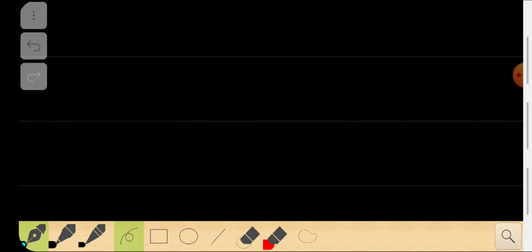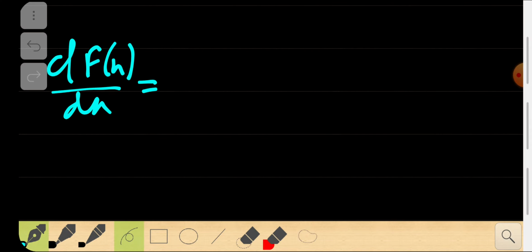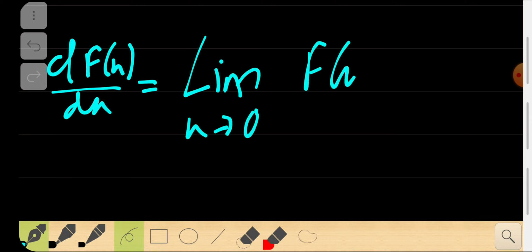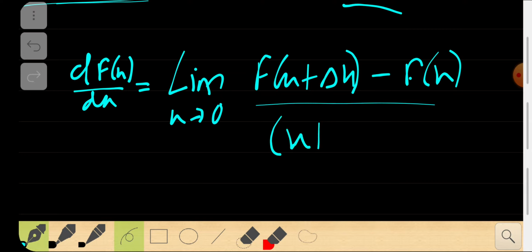So for that, I'm going to define df by dx, right? That's the differential or derivative of f with respect to x. So you can say that it must be equal to the limit delta x tends to 0 of f of x plus delta x, minus f of x, by x plus delta x minus x, right?